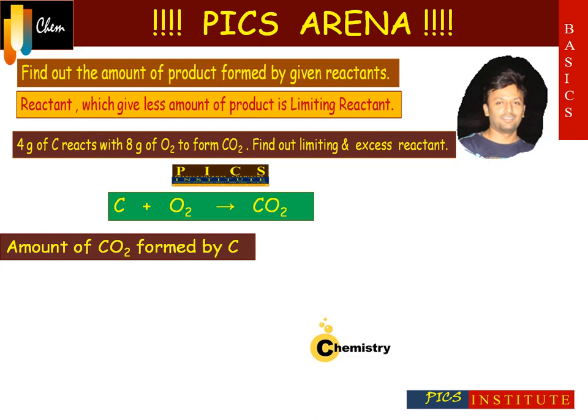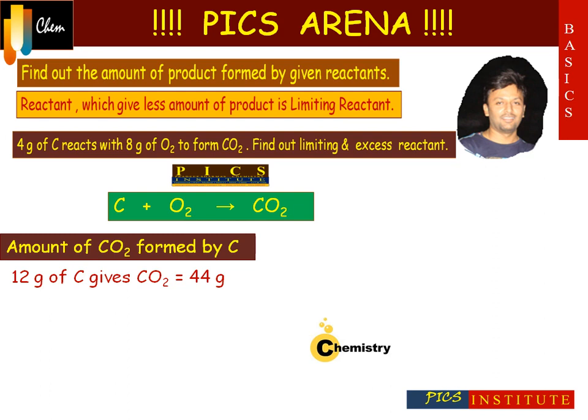You have two reactants, carbon as well as oxygen, and from the statement, the given amount of carbon is 4 gram and the given amount of oxygen is 8 gram. So first of all, we find out the amount of CO2 formed by the 4 gram of carbon.